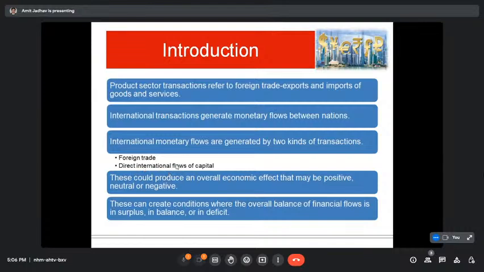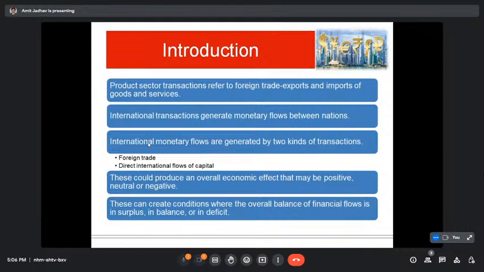So capital inflow and capital outflow are also part of international transactions, and they are considered in the balance of payment. This conduct has an overall economic effect, maybe positive or maybe negative. Both transactions have economic effects. Sometimes the effects are positive; some countries enjoy positive effects, while others have some negative effects or disadvantages.